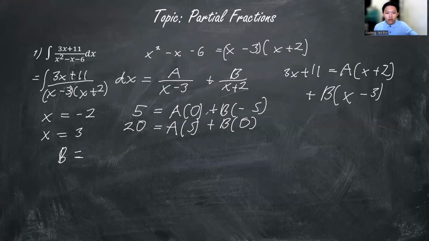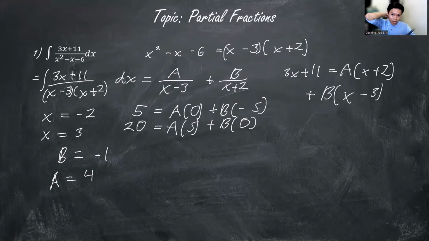As this is negative 5, this is 5, and this is 0, b needs to be negative 1. And for this, as this is already 0, we just need to find a here. So a is equal to 4.